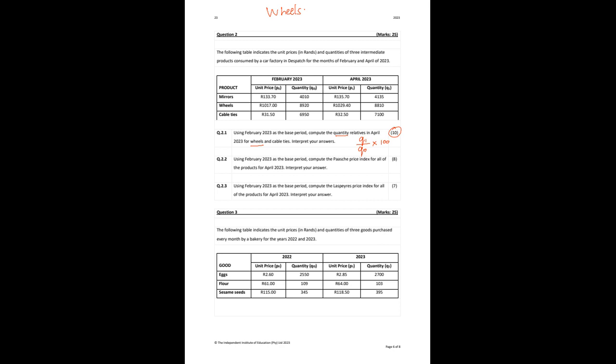You'll indicate that for wheels, these are the respective values for Q1 and Q0. Naturally, you'll have to look at the table here and identify what Q1 is for wheels and what Q0 is. You'll put them over each other. I'm just going to say XXX for the quantity for each one. So this is Q1, this is Q0, multiplied by 100.